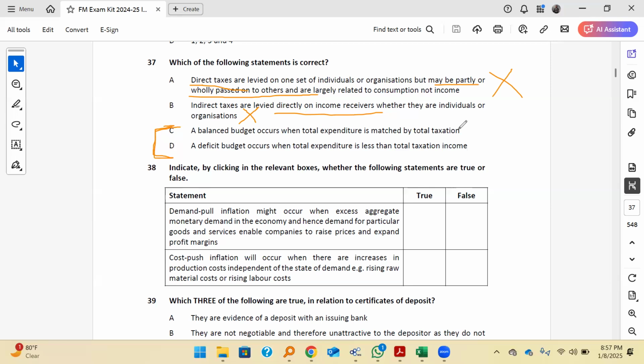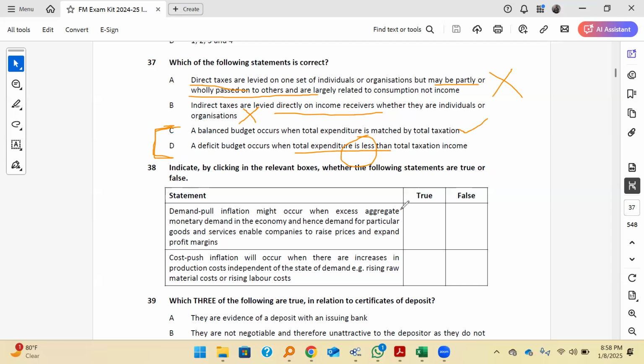So that is what statement C is saying, that a balanced budget is when total expenditure is matched by total taxation. So that's the correct answer. And a deficit one is when expenditure is actually more, not less. If you spend more than you earn in tax, then deficit, like how we are here in Uganda.